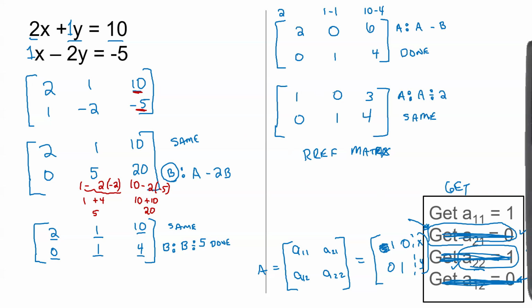This is 1x plus 0y equals 3, or x equals 3, and down here I'd have 0x plus 1y equals 4, or y equals 4. That makes it pretty easy to go through and get those solutions right there.